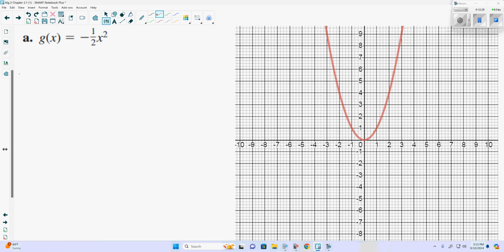Bring it back in. g of x equals negative 1/2 x squared. So there are two transformations here. We have the negative and we have the 1/2. Those are two separate transformations. When we have a negative being multiplied in front of the x or set of parentheses, it is a reflection.